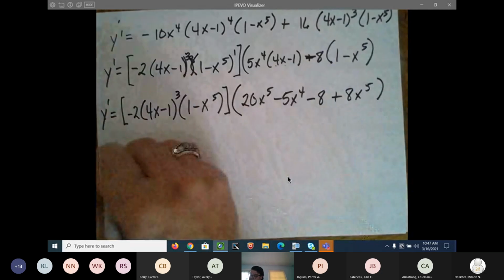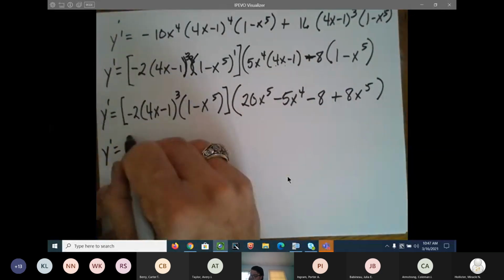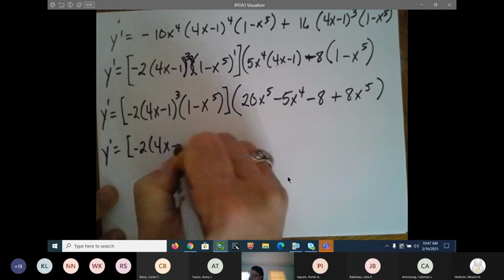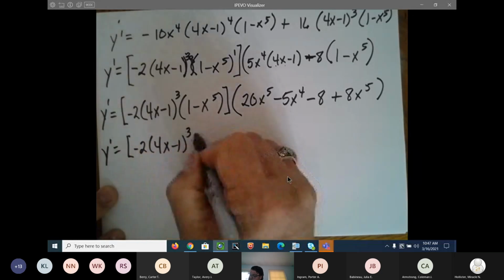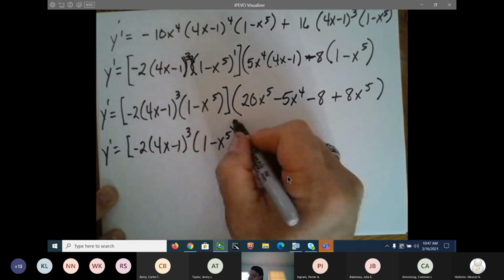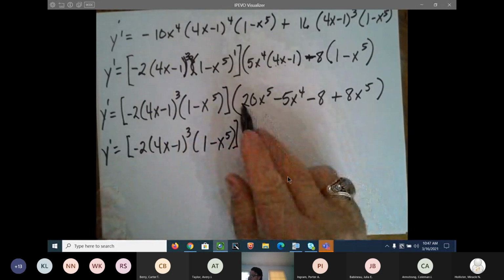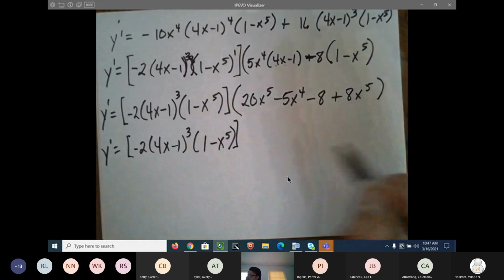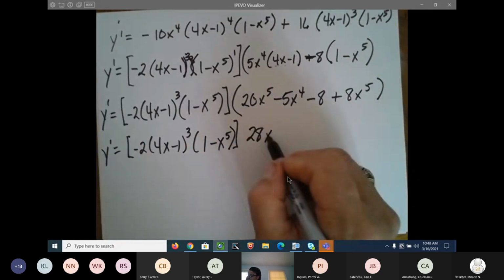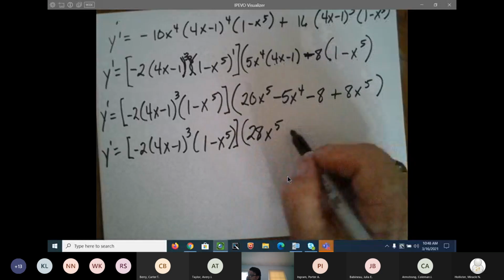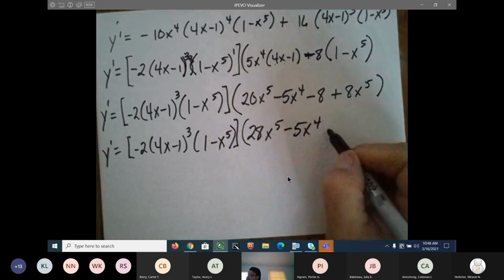So y prime is equal to negative 2 times (4x minus 1) to the 3rd power times (1 minus x to the 5th) times (28x to the 5th minus 5x to the 4th minus 8).